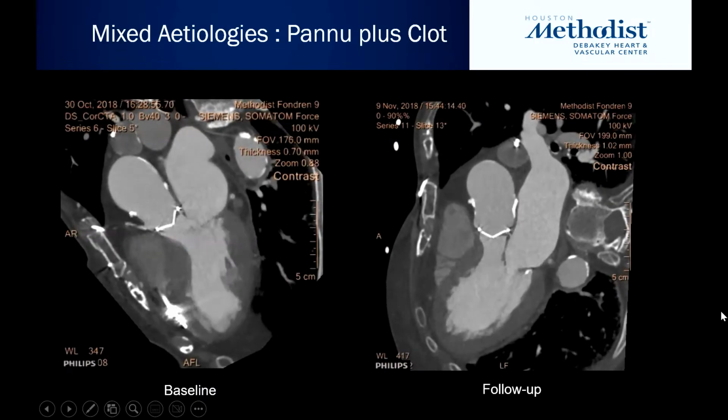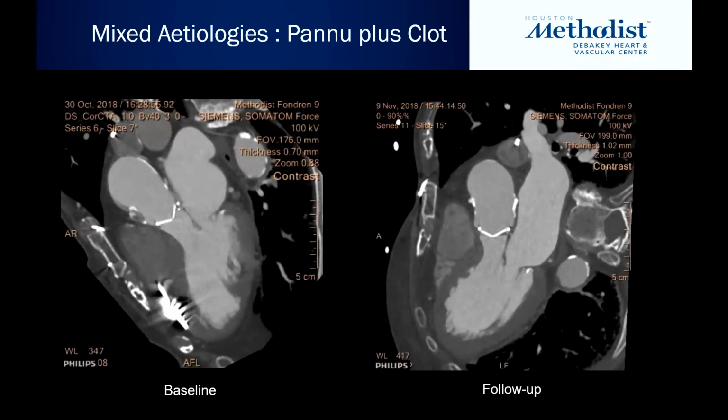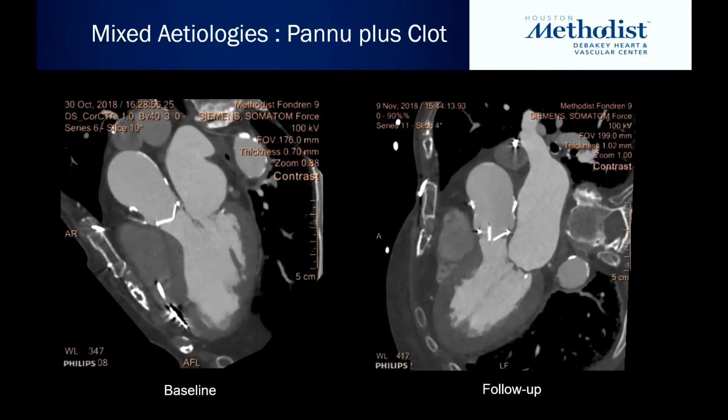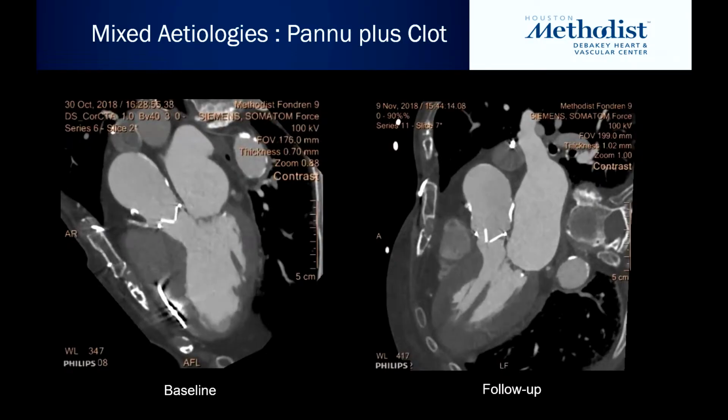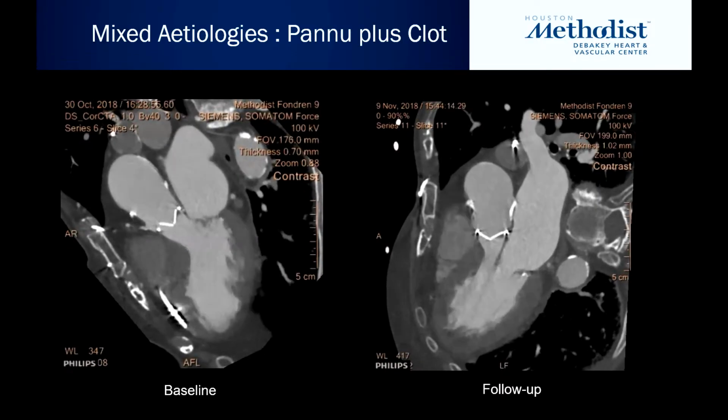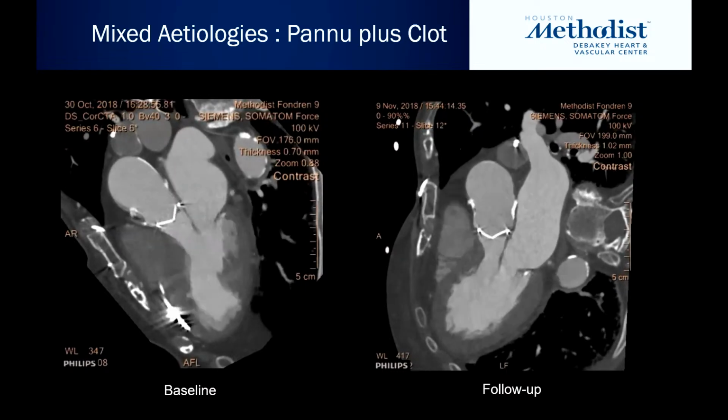So I think this gives us the diagnosis that it's mixed, both pannus and clot in this patient. Look at this, even with one leaflet kind of stuck in a closed position, the gradient significantly improved.